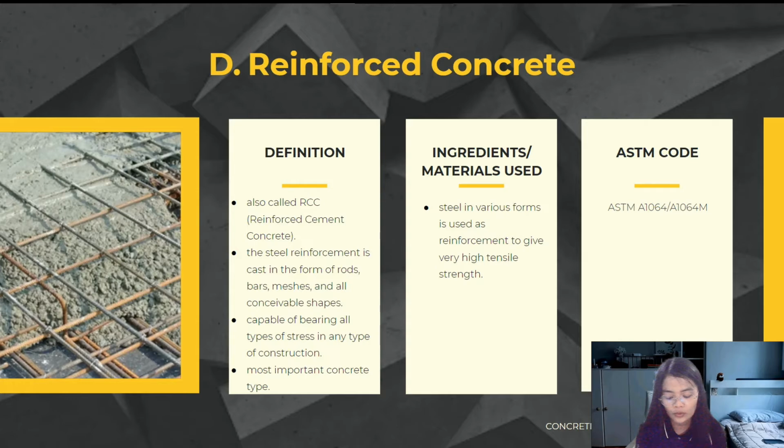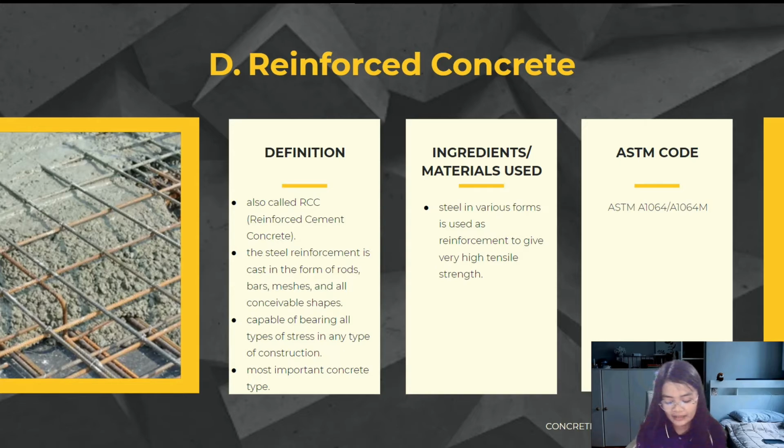Ito ay yung kung tawagin ay rebar. Lately, people have used fibers to reinforce this concrete. As for today, aside from steels, fibers na yung ginagamit na panglagay sa mga reinforced concrete.